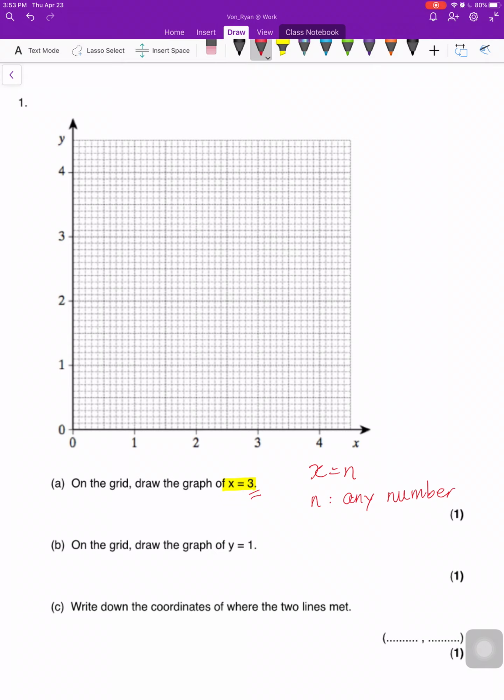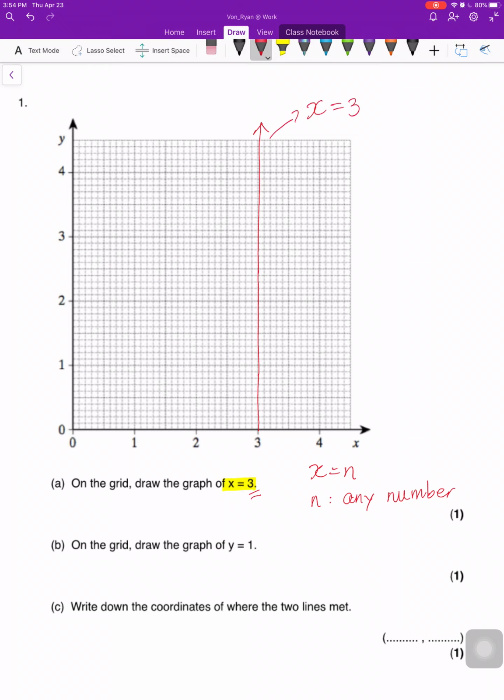I may find it hard to draw a straight line, but I will try my best. So we are expecting a vertical line. We say that this is x equals 3.